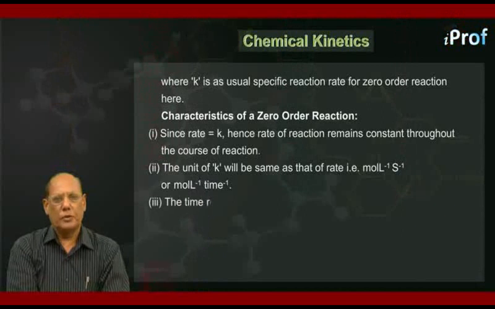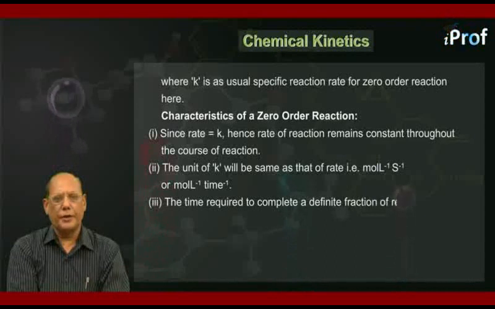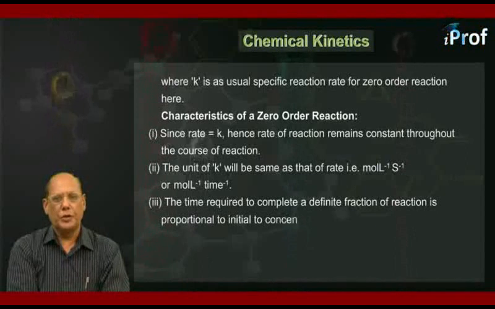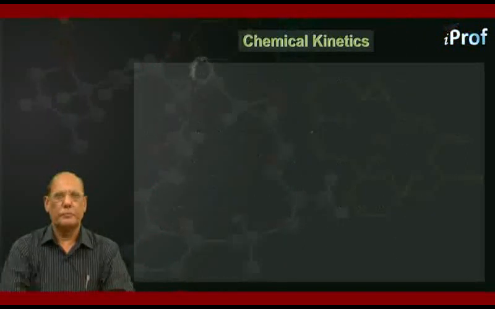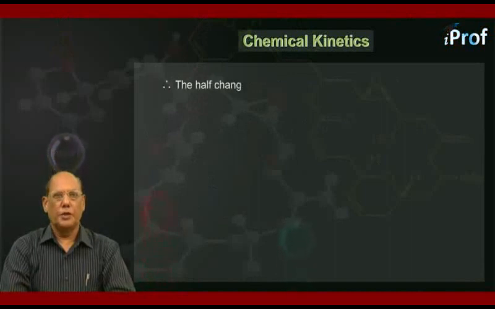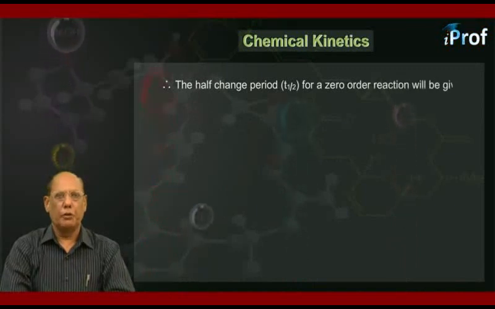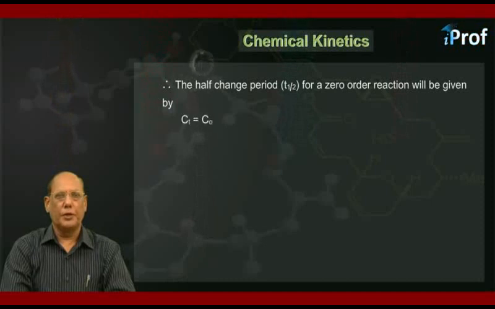Third, the time required to complete a definite fraction of reaction is proportional to the initial concentration C0. Therefore, the half change period T half for a zero order reaction will be given by, since Ct equal to C0 minus Kt, put T half for T and C0 by 2 for Ct.